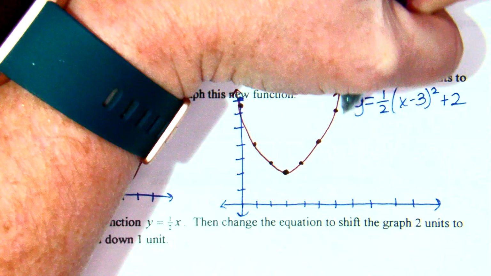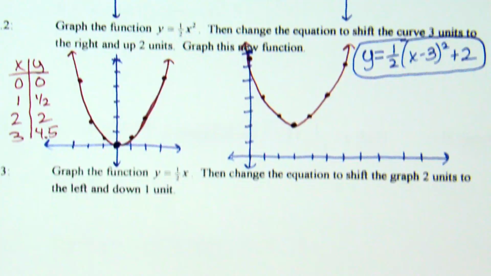Okay, let's look at example 3. Graph the function y equals 1/2 x. Then change the equation to shift the graph 2 units to the left and down 1 unit. Now let's start by doing the first thing they ask.